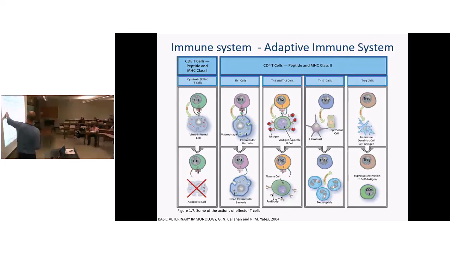They go to those cells that are either cancer cells, or that have something viral inside. Some of the other types, I'm not going to ask you specifically on this, but they go all the way from killing stuff to regulating stuff.